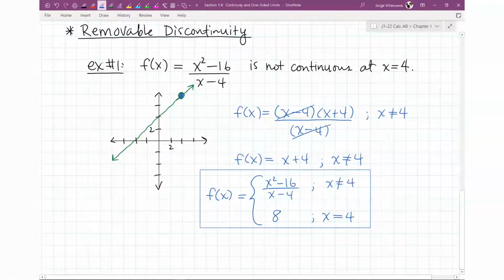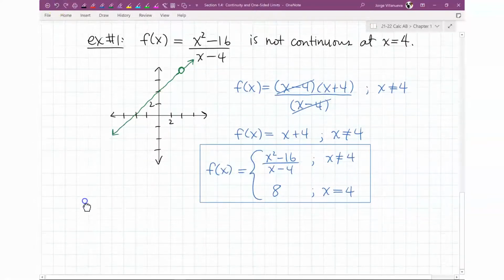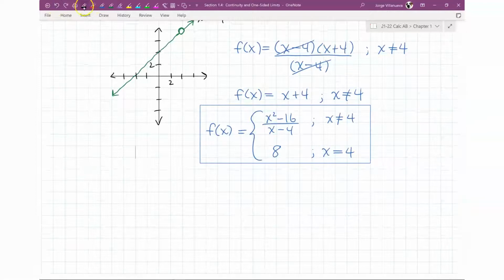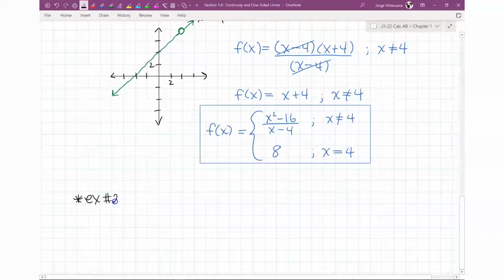Okay? So let's go to example 2. What if I give you g of x equal to 1 over x, where x cannot be equal to what? 0, right? x cannot be equal to 0.